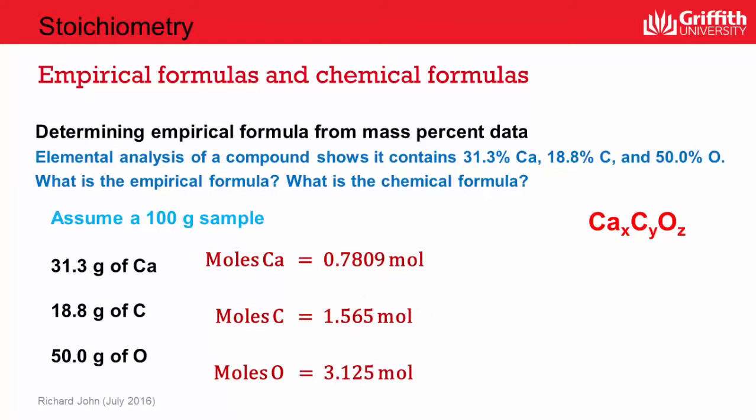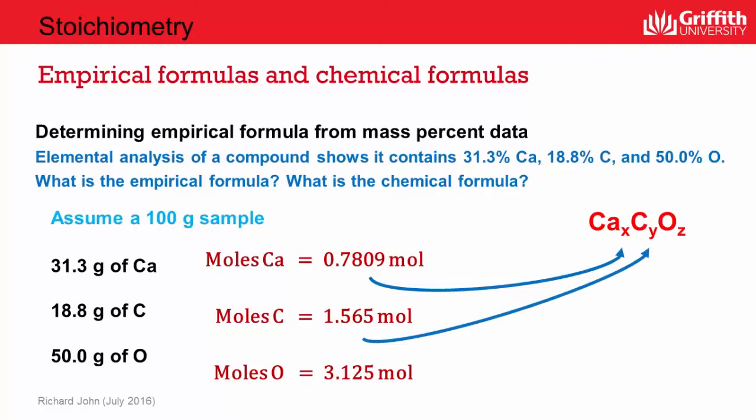So in our 100 gram sample, we've now worked out how many moles of calcium we have, how many moles of carbon we have, and how many moles of oxygen we have. And each of these moles are effectively the moles in the empirical formula. So we can say that the 0.7809 moles of calcium is related to that X subscript.